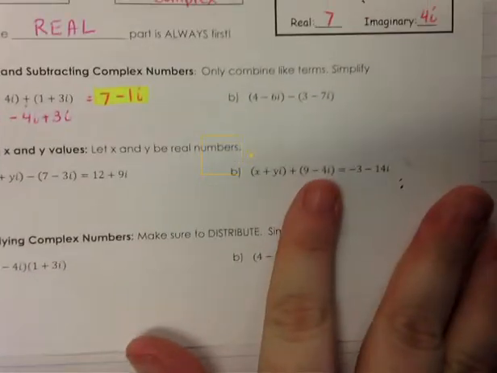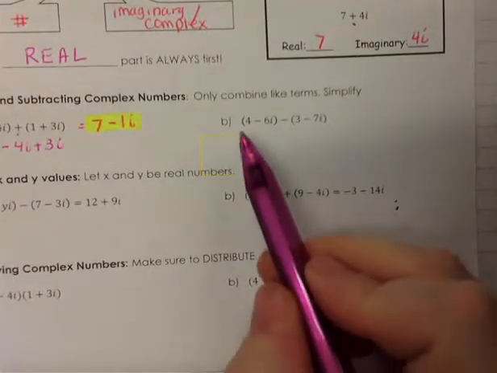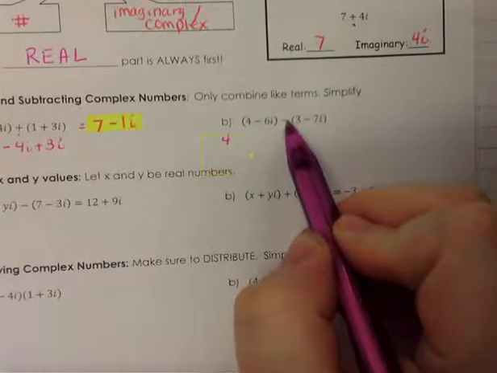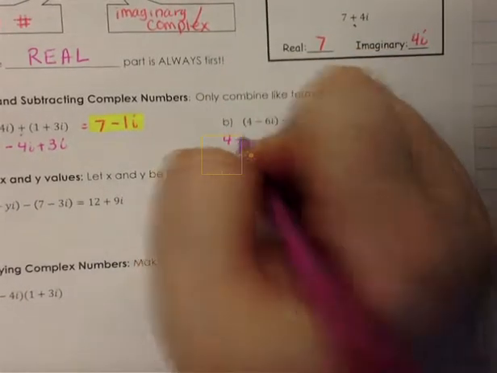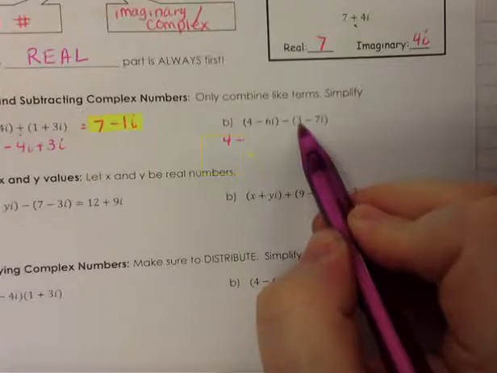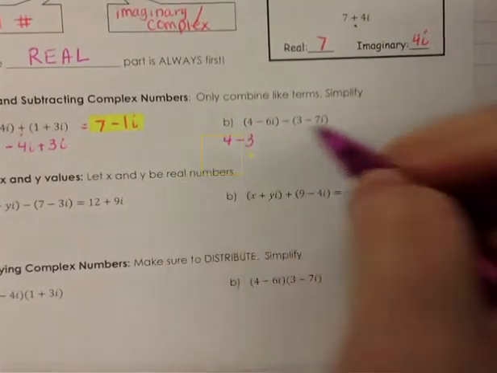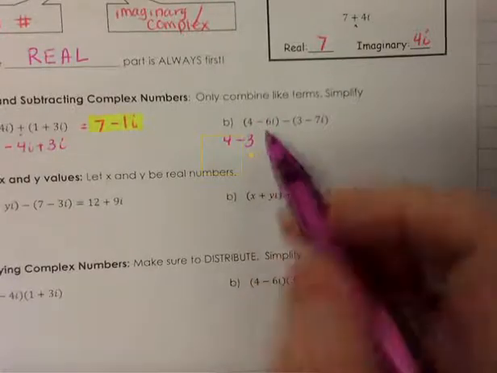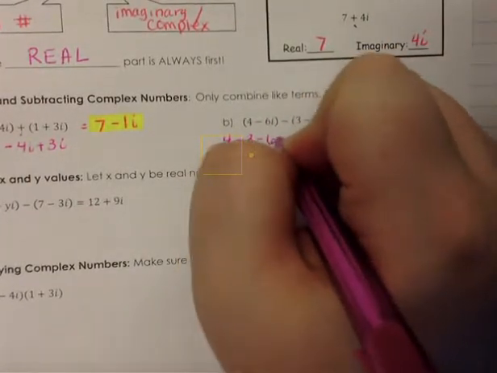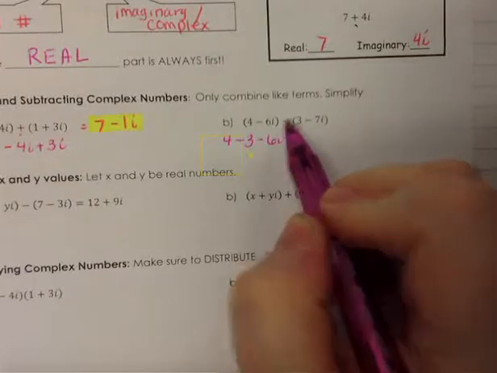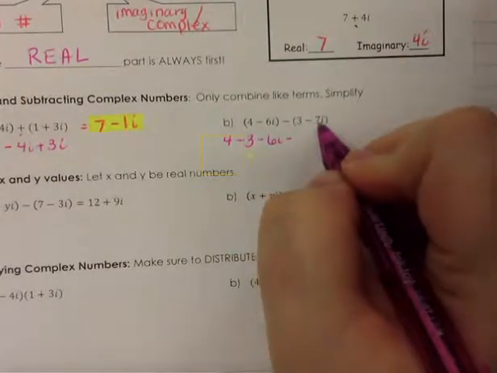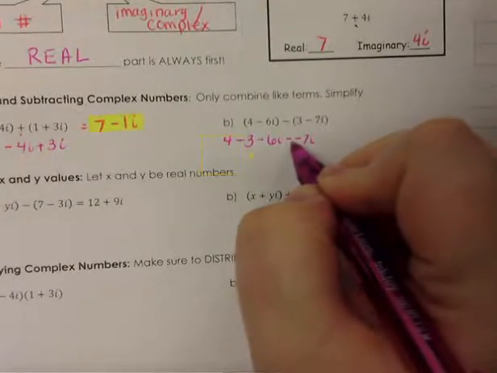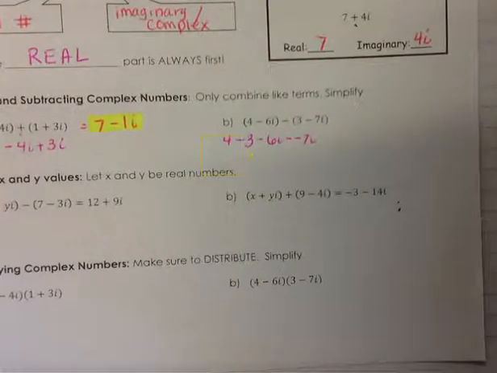So if we do this next one, we're going to do the same thing. We have our real number, which is 4. Minus is in the middle. Our real number on this next set is 3. Then we do the complex part, the imaginary. This is -6i minus a -7i. So this minus a negative actually turns into a plus sign.